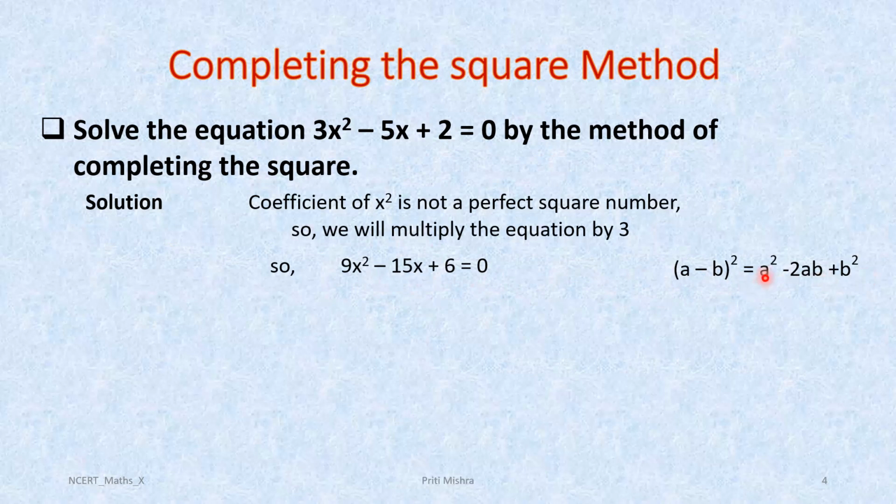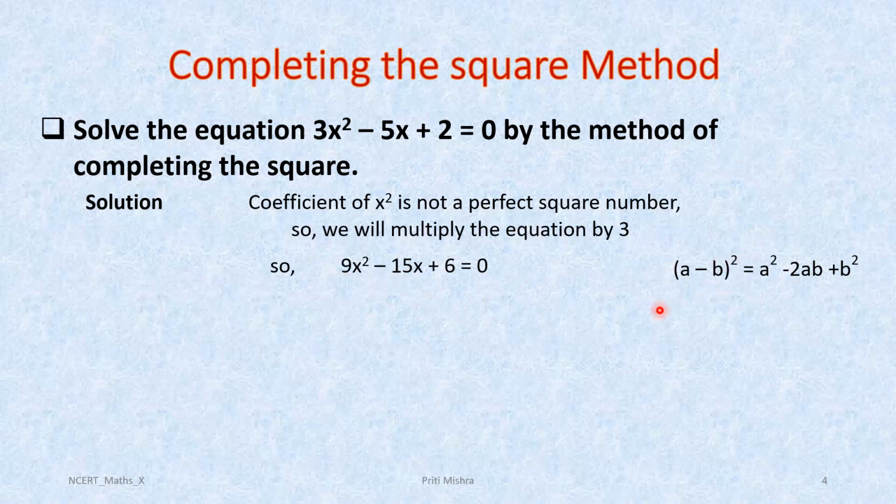Means if we are having a square of two terms and the third term which should be in the form of 2ab, then we can write it in the form of a minus b whole square. So we need to convert this equation in this form. That's why we made the first term a perfect square, 9x square.